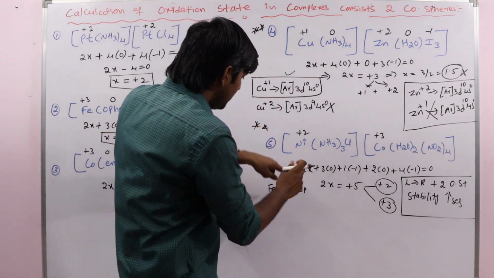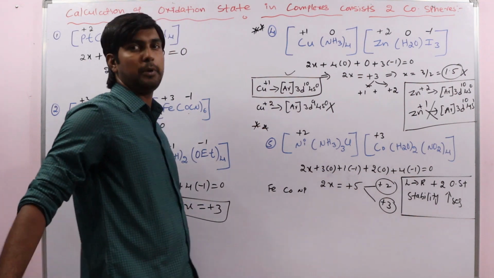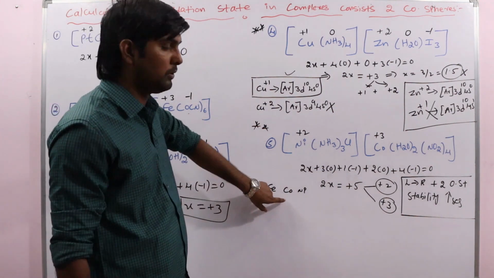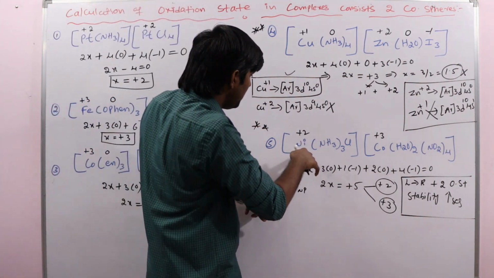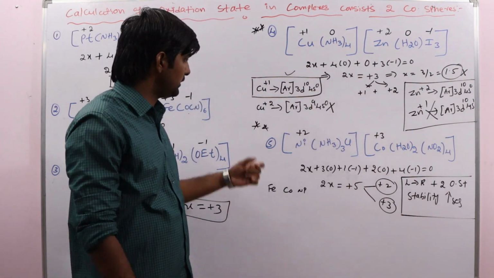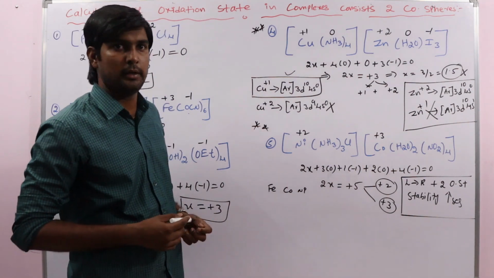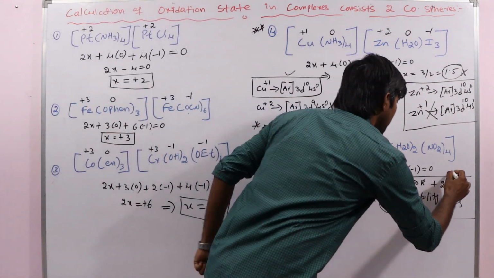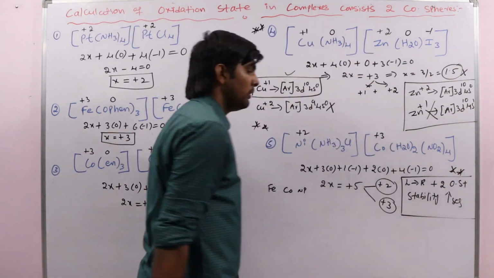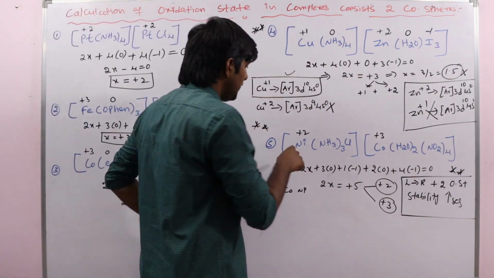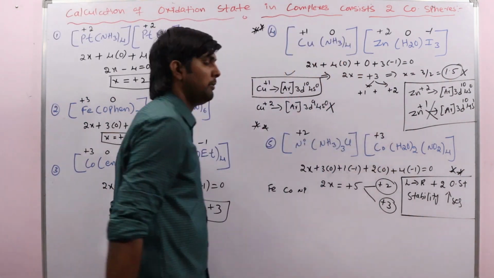So that's why nickel is more stable in the +2 oxidation state when compared to cobalt. So nickel will get the +2 oxidation state and cobalt will get the +3 oxidation state. Clear? Remember this concept, very, very important.